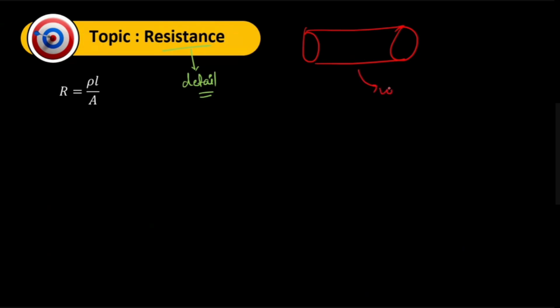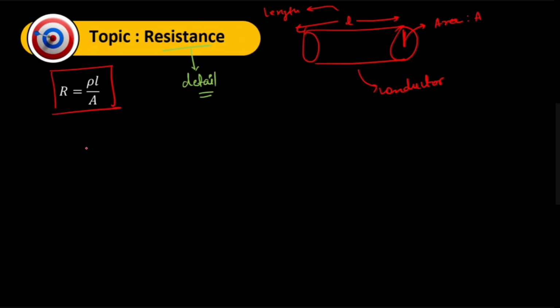Suppose this is a conductor and this conductor has certain area as well as certain length. Its resistance based upon its dimensions can be given by this formula. We can say that the resistance is directly proportional to the length of the conductor and inversely proportional to the area.